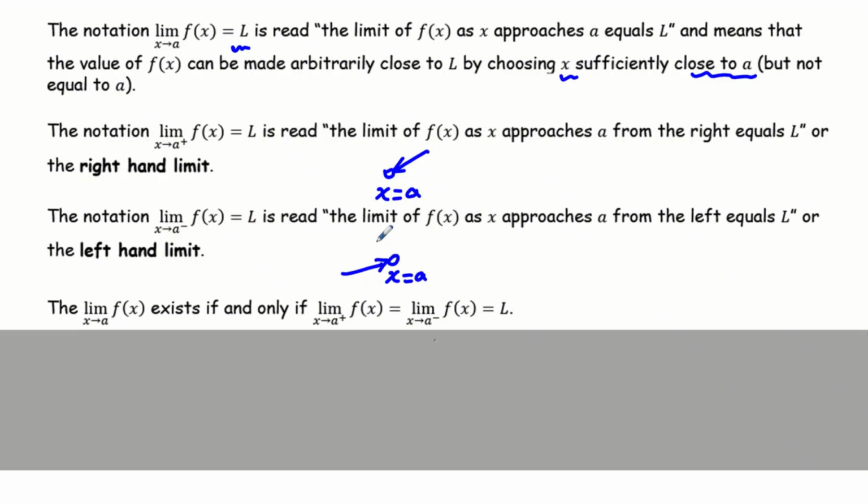If the right side and left side are equal to the same number, we say the limit exists and equals L. So now we are going to see, using direct substitution or other techniques, how to find the left side and right side limits and see if the limit exists.